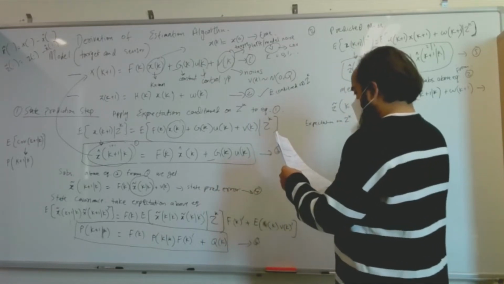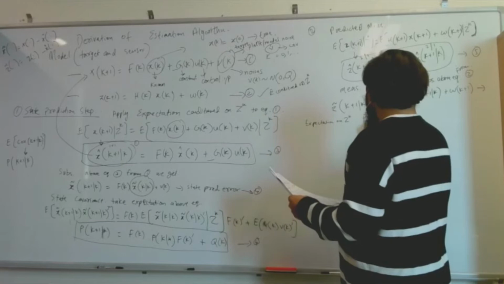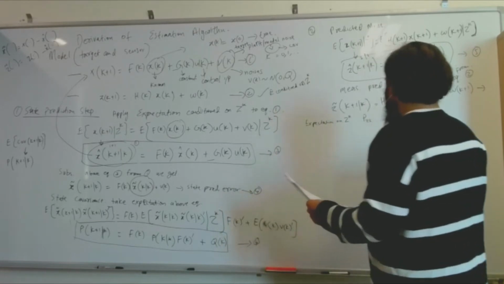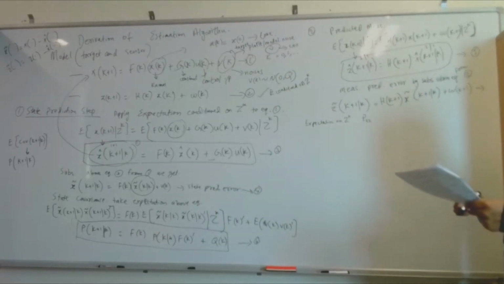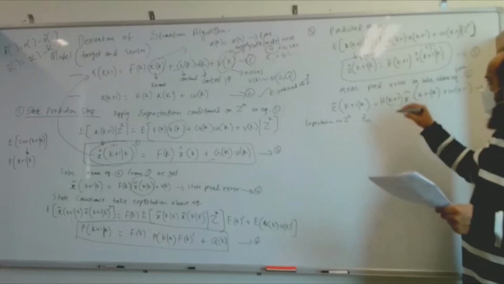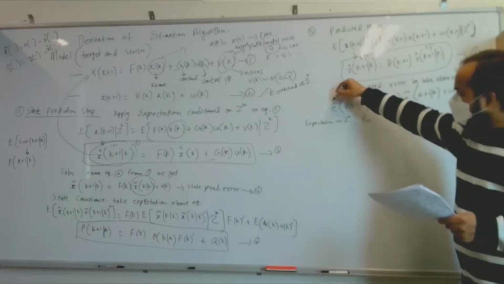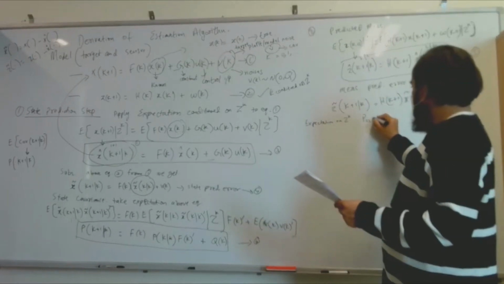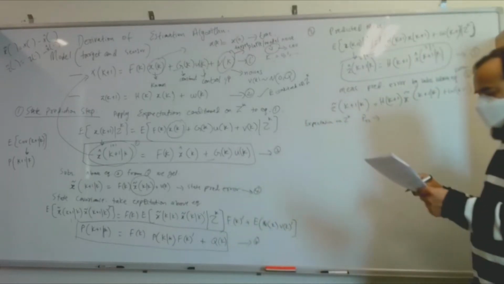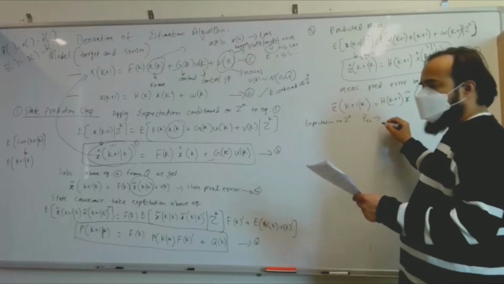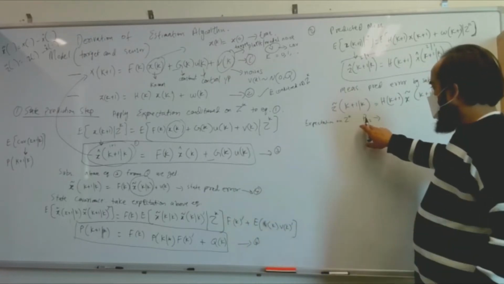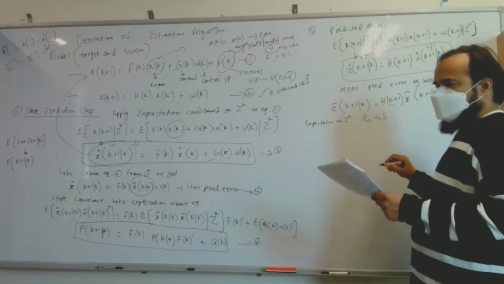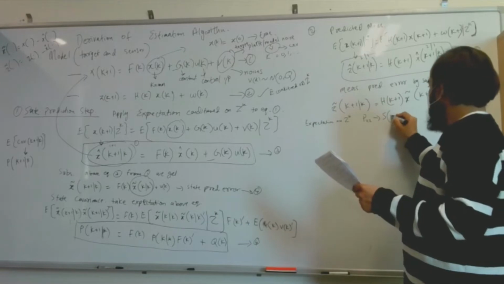We denote the covariance of this object by p z z, which in the Kalman filter we denote with S of k plus 1.